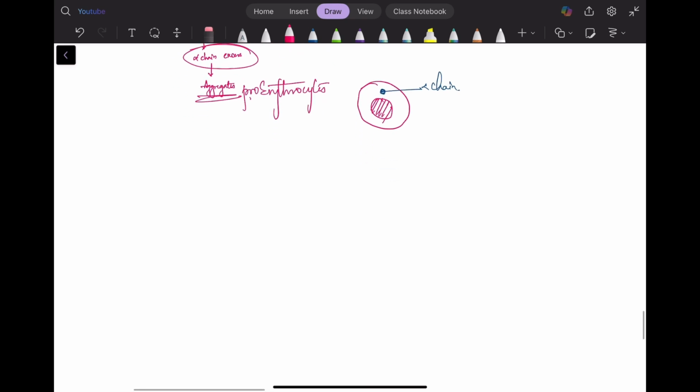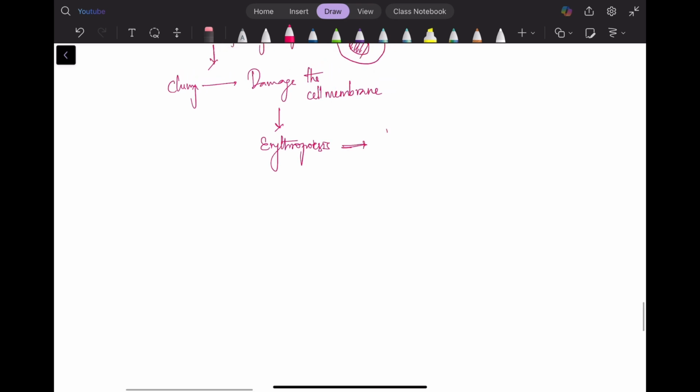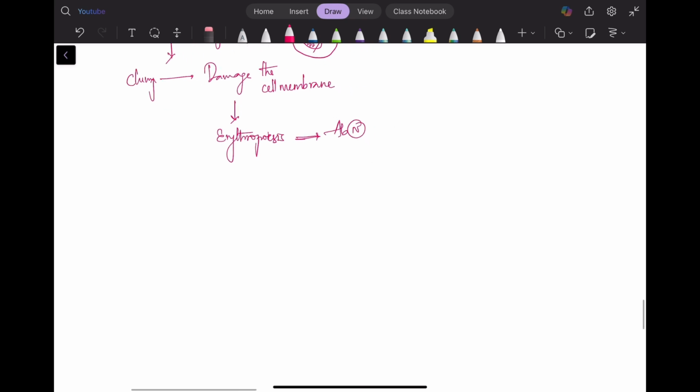Something extra leads to clumping, which damages the cell membrane, which leads to abnormality, nothing but ineffective erythropoiesis.